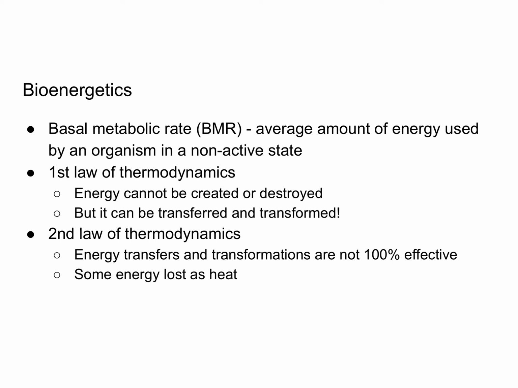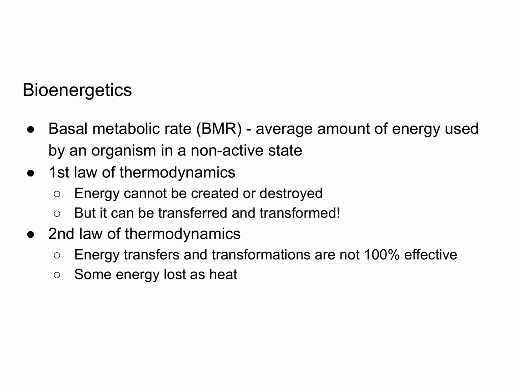Talking about bioenergetics, we'll start with the basal metabolic rate, or the BMR. This is the average amount of energy used by an organism in a non-active state, so basically at rest. And we need to do a quick review of the first and second laws of thermodynamics, because that comes into play with regards to this basal metabolic rate.